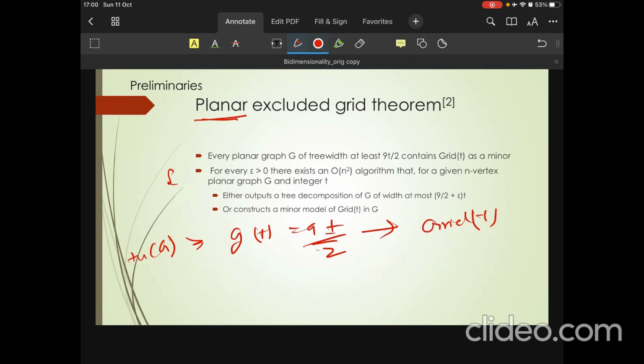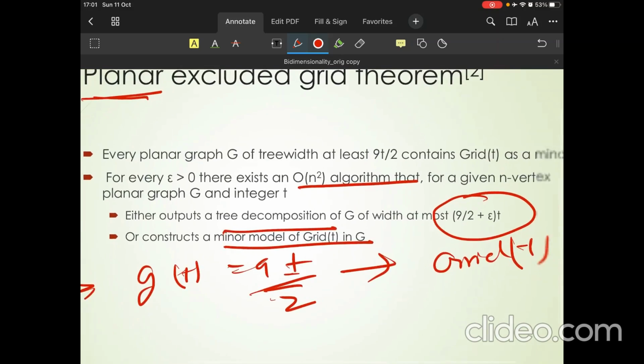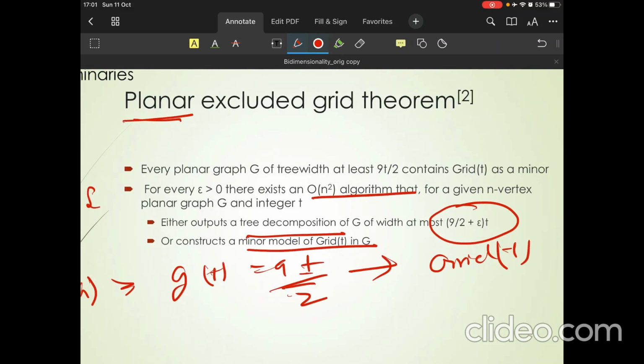Now, one important consequence of the constructive proof of this theorem is that you can have an order n square algorithm which does the following: either it gives a tree decomposition of graph G with width at most (9/2 plus epsilon) t, or it gives a minor model of grid T. Note that constructing a minor model of grid T in G shows that, so what is a minor model?